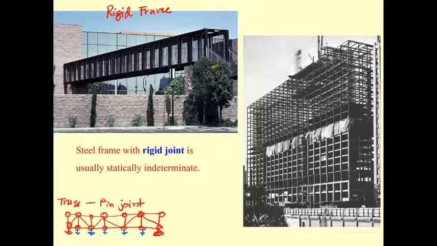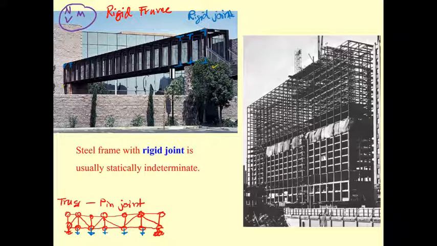The structure above here has no diagonal. So the joint that links the beam and the column together on this structure must be a rigid joint. It's not a pin joint, it must be a rigid joint. That means it will take axial load, it also takes shear, and it can also take moment.